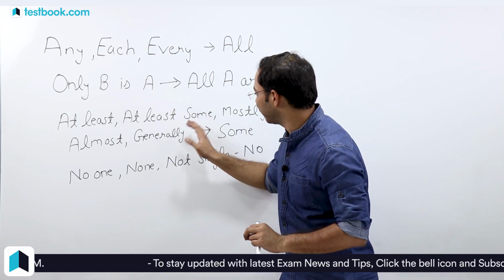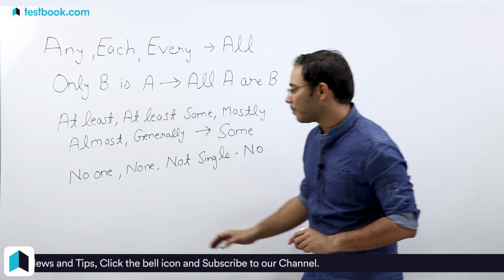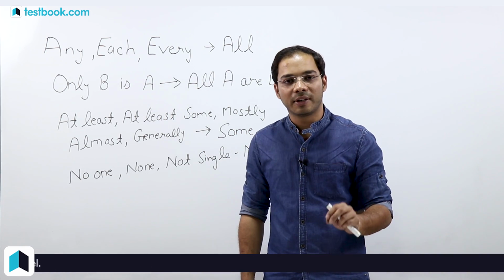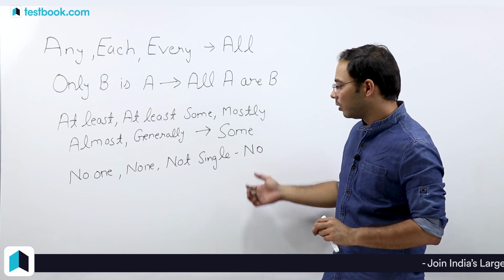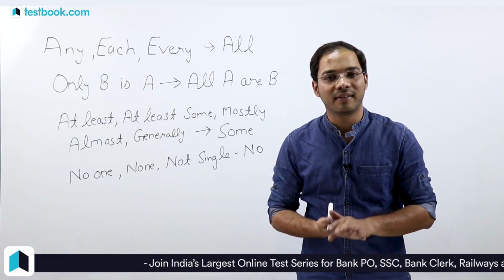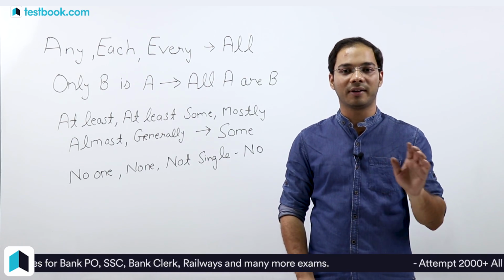So these 5 words are used in place of some, and you will get these words in your questions. No one, none, not single can be used in place of no. Take a screenshot of this screen and memorize these words, so there will be fewer problems while solving these questions in your exams.